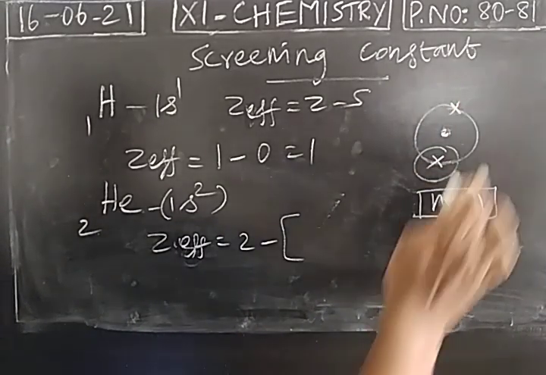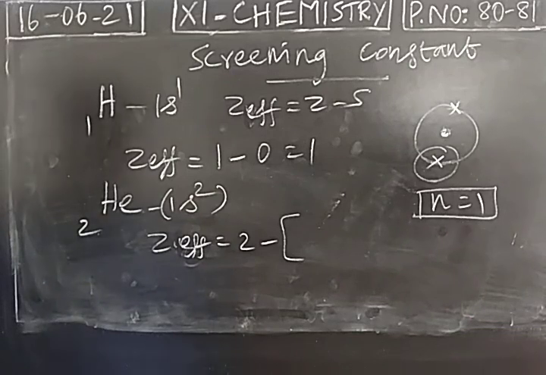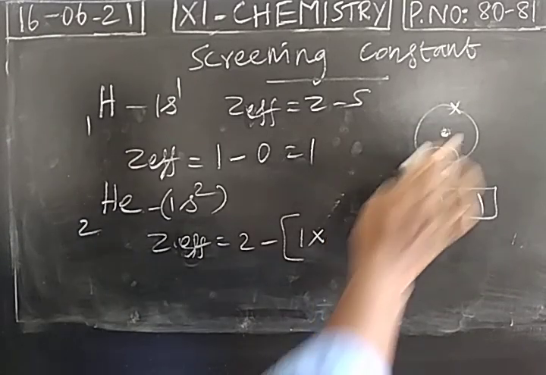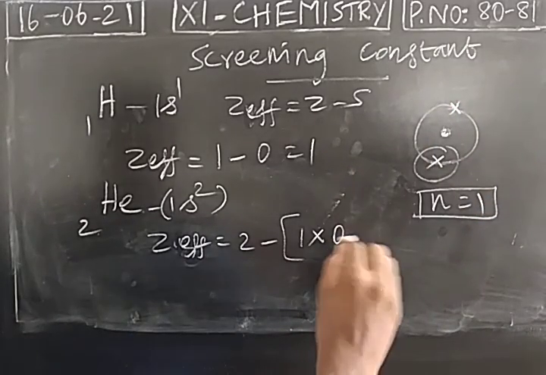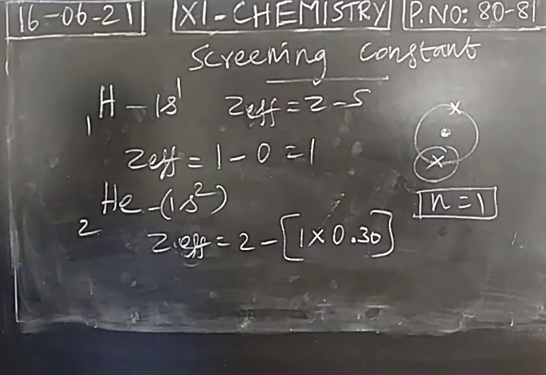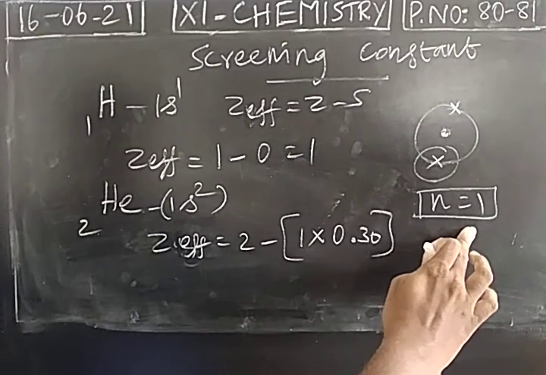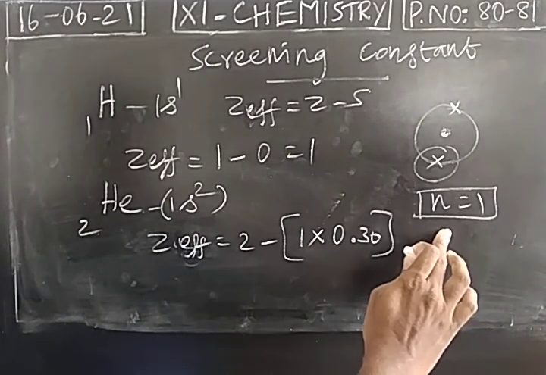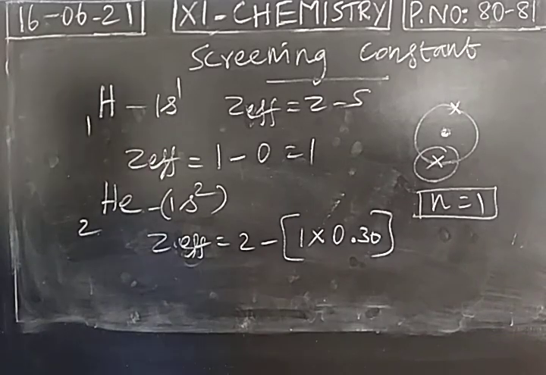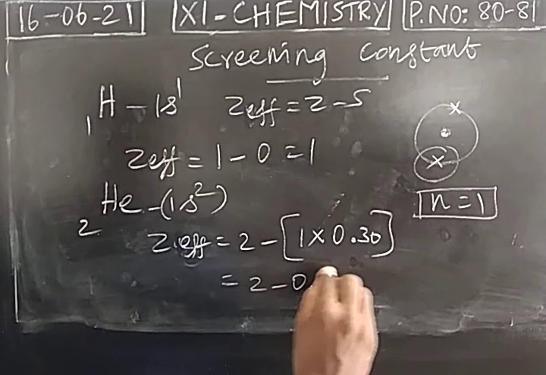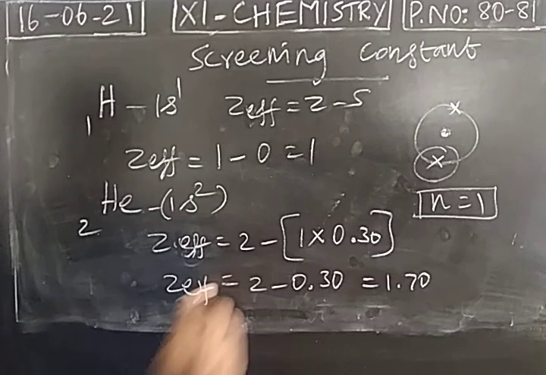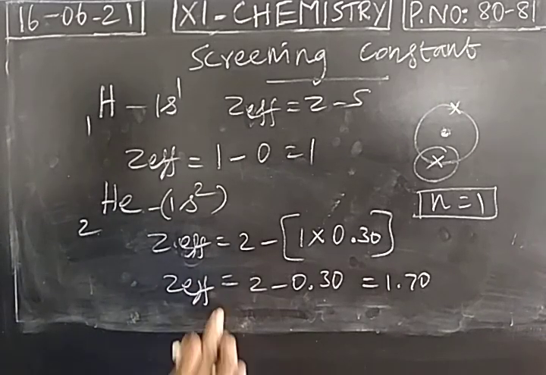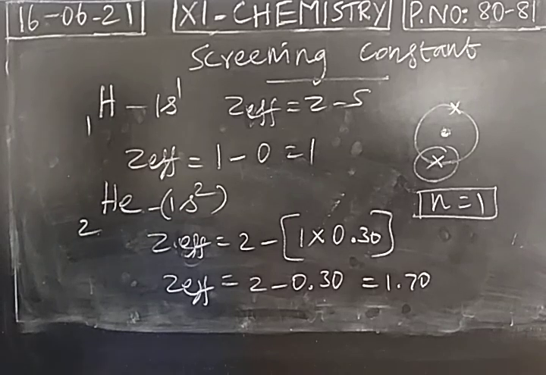One electron is present in the nth cell for shielding. So we have only one electron in the nth cell, except the selected electron, and this electron will contribute 0.30. As I told, for the first cell, the contribution by the electron in the nth cell is 0.30. So 2 minus 0.30, 1.70. Effective nuclear charge for helium is 1.70.